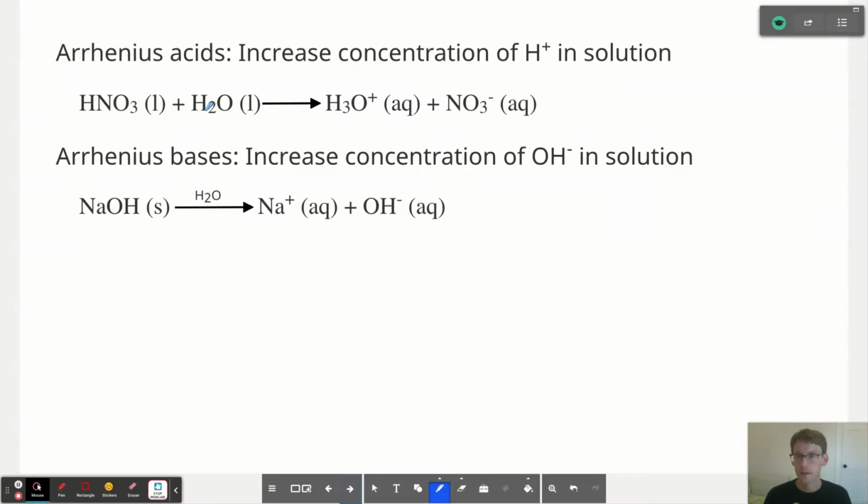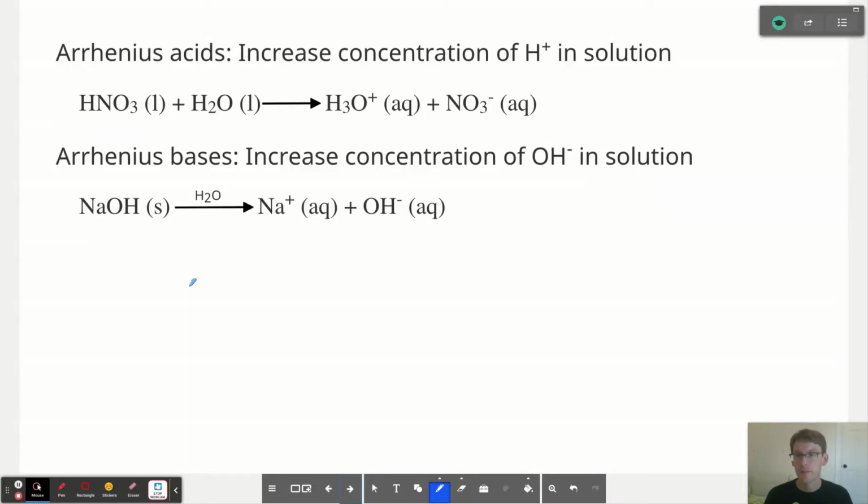The acid will react with water, and you'll get a transfer of an H+ to the water to give us H3O+ and whatever the anion part of the acid was. So we had hydrogen and a nitrate. The hydrogen moves over, and you end up with nitrate left on its own.